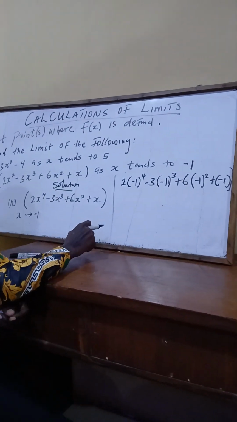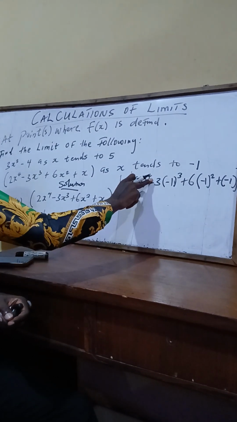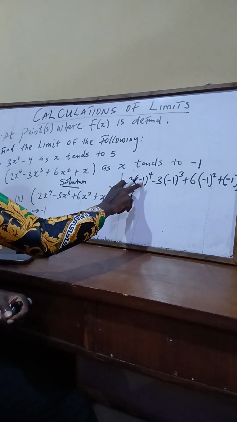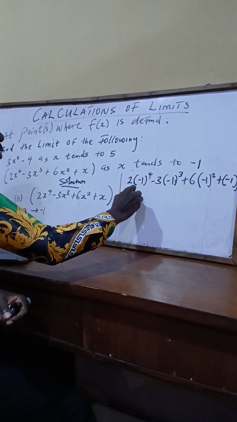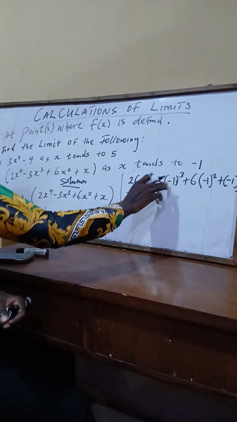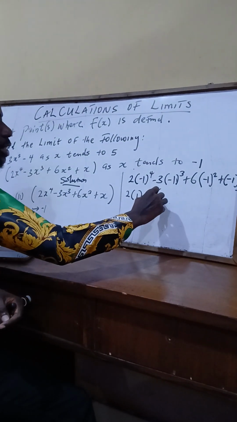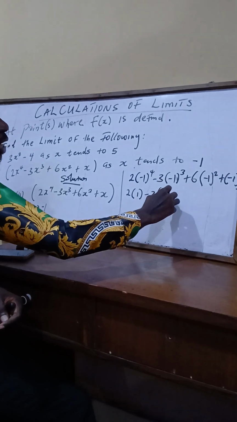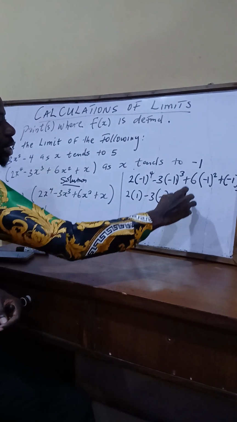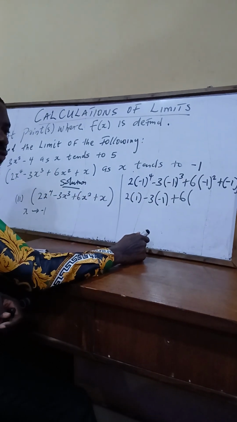Then at this point now, let us remove the brackets and the powers. So minus 1 raised to power 4 is positive 1. Minus into minus 1 raised to power 3 is negative 1. Then plus, minus 1 raised to power 2 is positive 1.